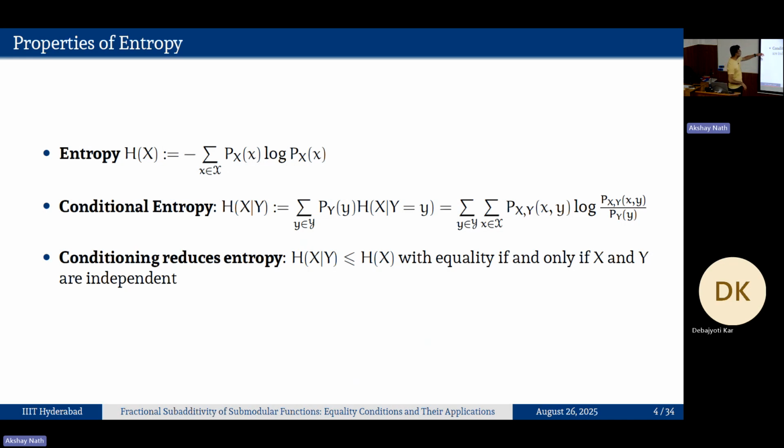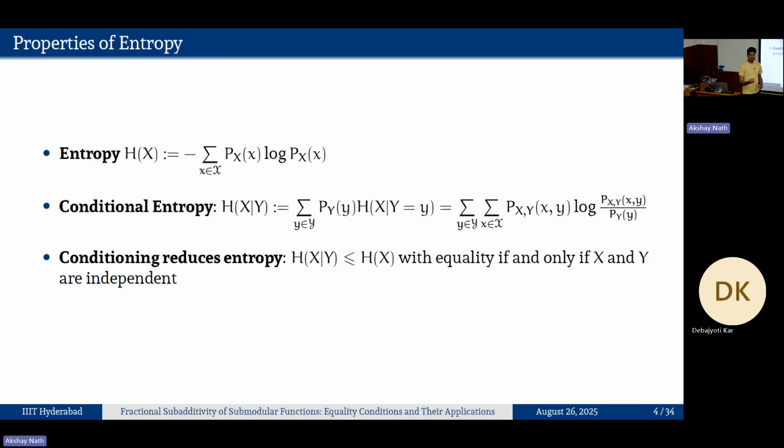Entropy is generally defined as the uncertainty in the system. The other way to think about it is: the sum of minus p(x) log 1 by p(x).